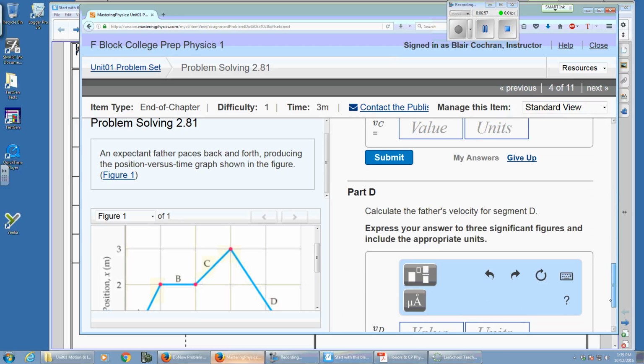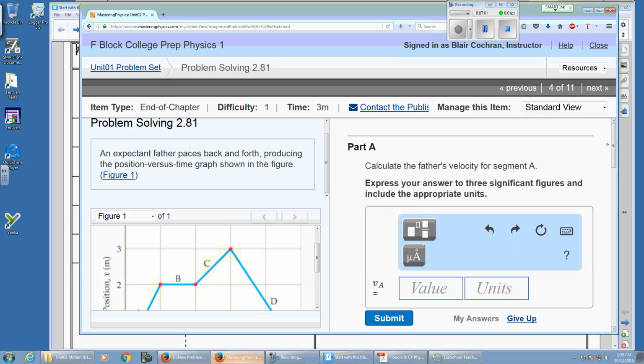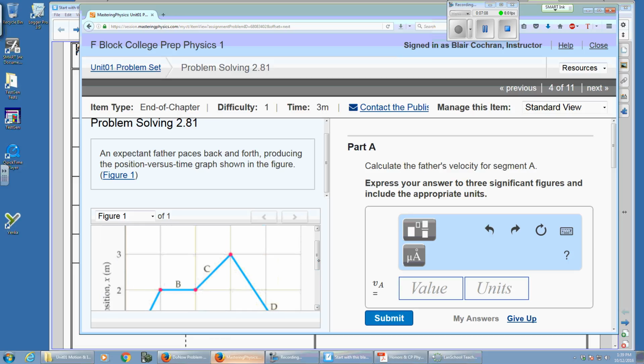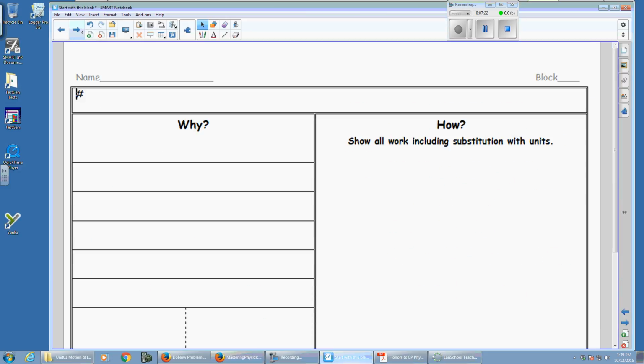Segment C and segment D. So it's all focusing on getting velocity from this position time graph. So that's what my Y should focus on. Showing that I understand what's the connection between a position time graph and velocity. And so new page. Good.